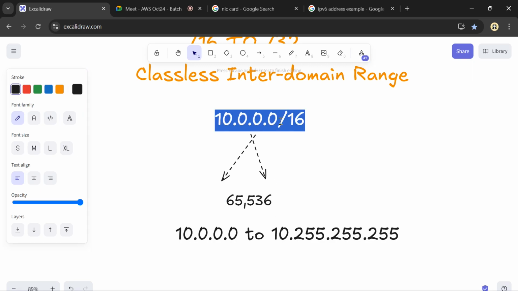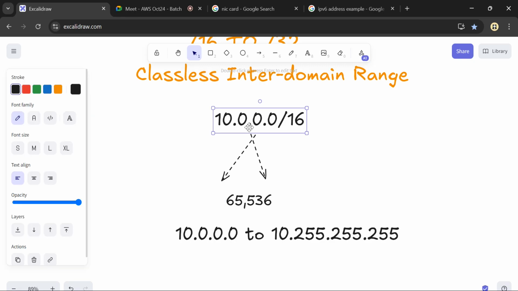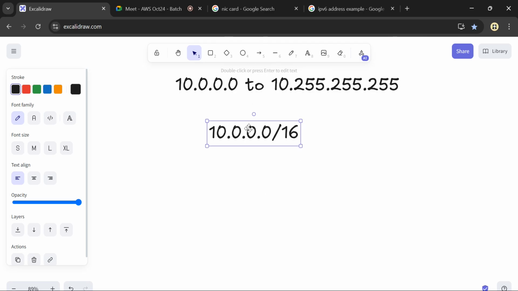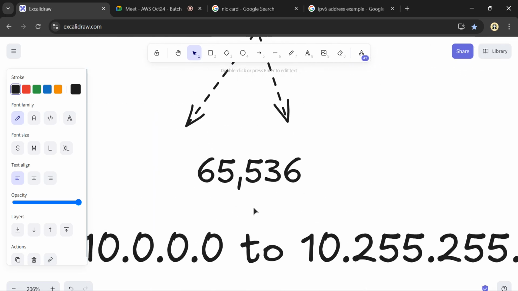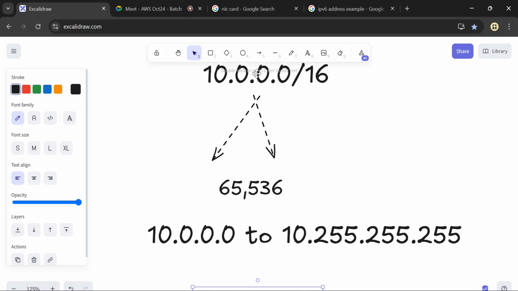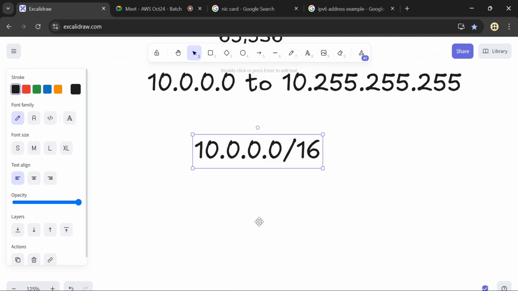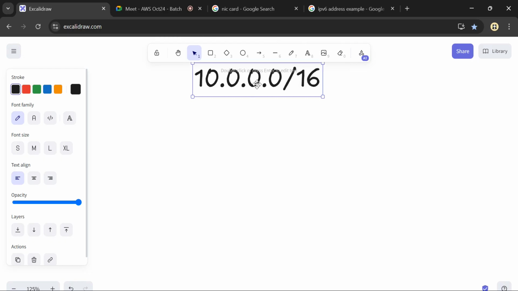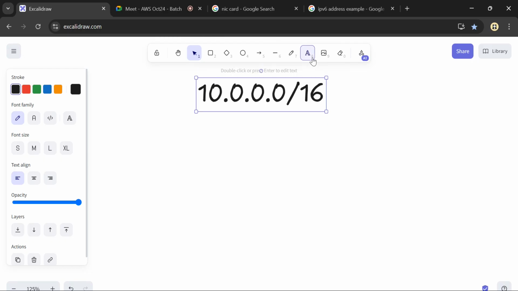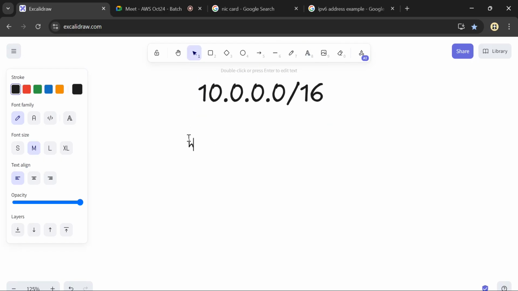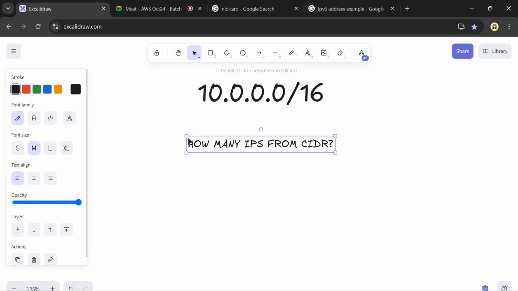Now there is one calculation that is followed to calculate the CIDR. How did I calculate the 65,536? Let me just show you. I will get this many IPs from this single block. How do we calculate the number of IPs from a CIDR?